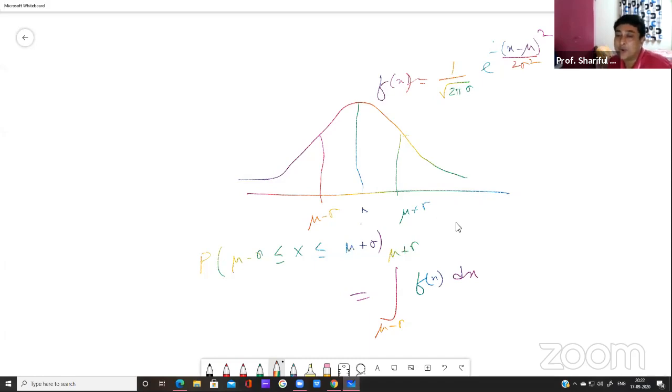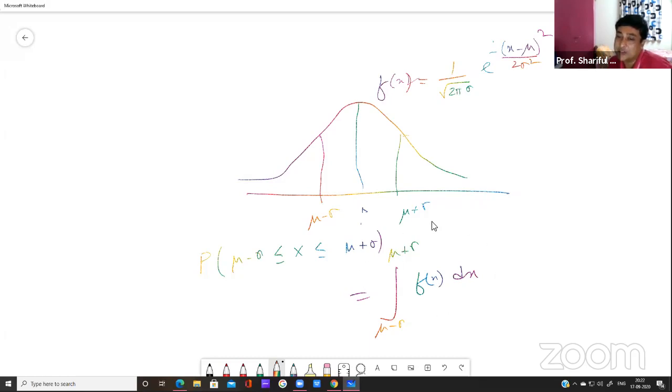Now performing this integration is a really challenging job. Actually, we perform this integration using software, and the corresponding table is made. This is called the normal distribution table. From that normal distribution table, we can calculate that value.